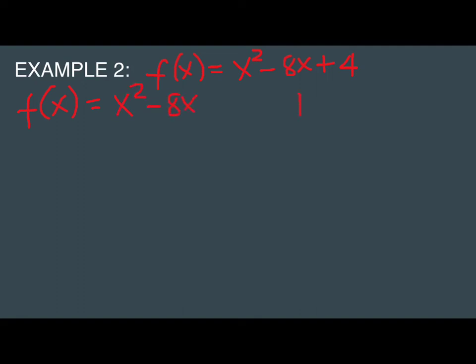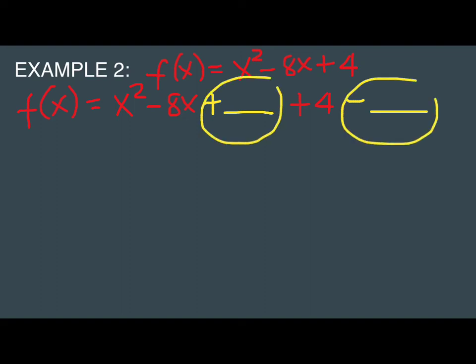Move this one farther away, so plus 4, and we're going to add a value here and subtract the same value. Again, whatever is added here will be subtracted here to balance. So we have negative 8 over 2, that's b over 2 quantity squared. Negative 8 over 2 is negative 4, and negative 4 squared is positive 16, and this must be negative 16.